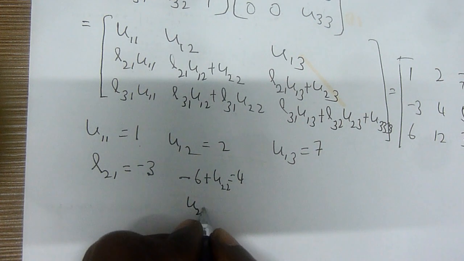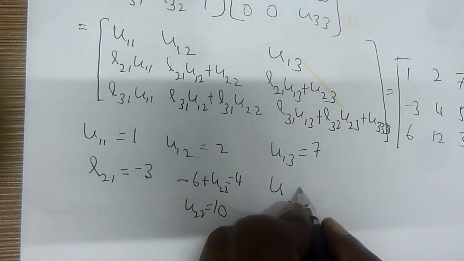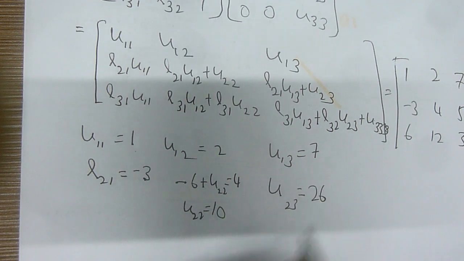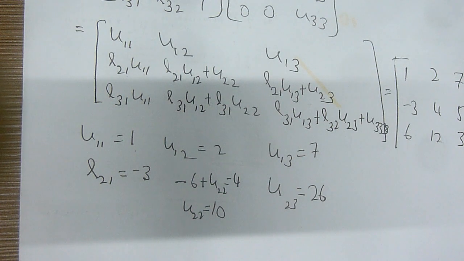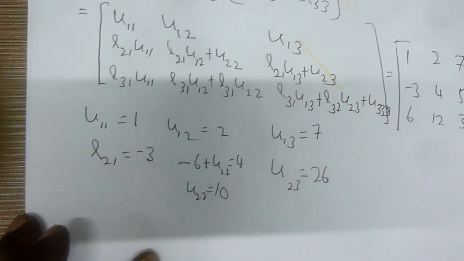Therefore U22 is 10. U23 is 26. Okay, this is how you should start working on it.